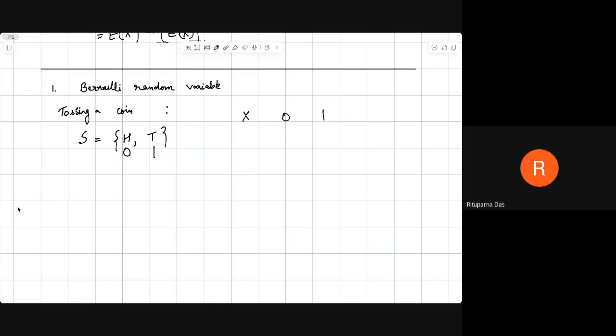So, where was I? So, Bernoulli random variable x is 0, 1, p of x equal to xi. For the value, you can also say another example, say pass or fail a driving test.